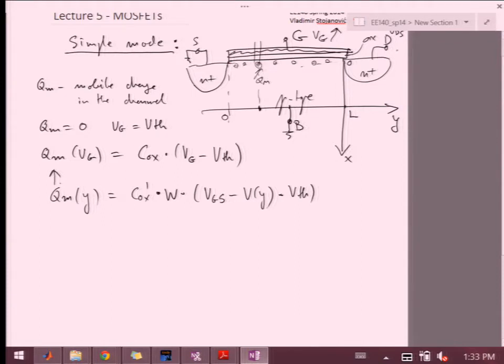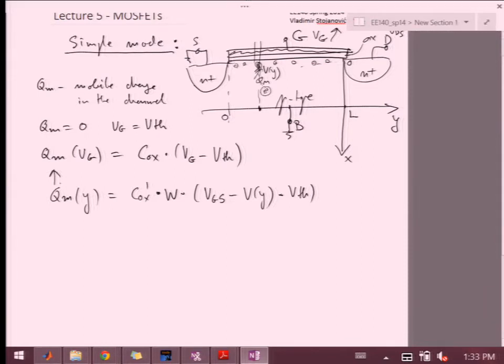Right? But if drain is not at 0, there will be some field across here that will be changing the potential. And so at this point, for example, I will have the extra potential V of y on top of what the gate dictates. And that will affect what is my total charge that is attracted to that point.